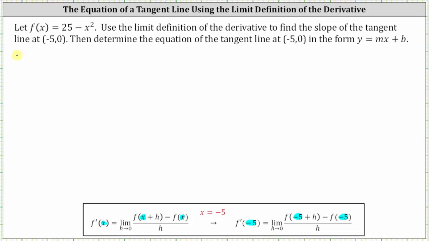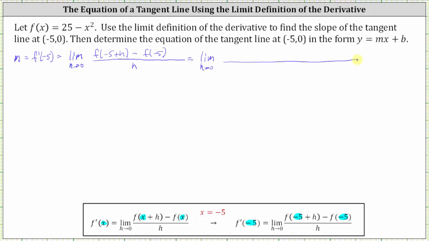The slope of the tangent line m is equal to f prime of negative 5, which is equal to the limit as h approaches 0 of, in the numerator we have f of the quantity negative 5 plus h minus f of negative 5. In the denominator we have h. And now to evaluate the functions in the numerator.